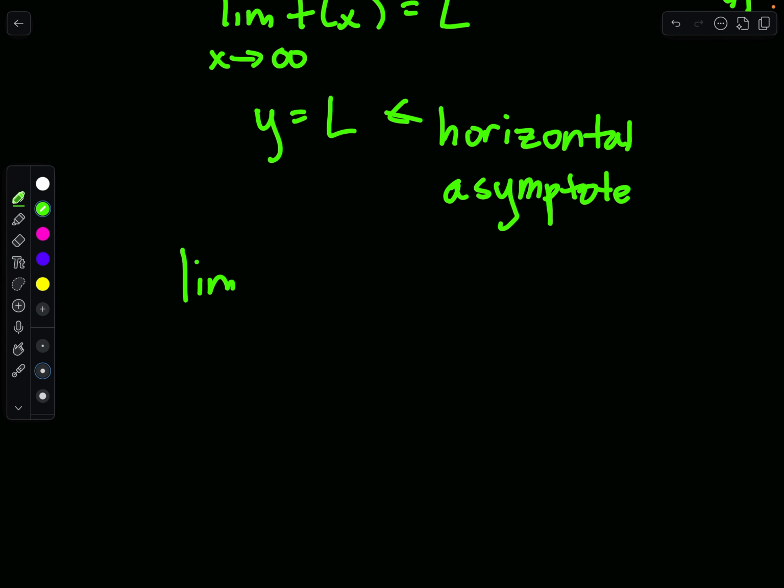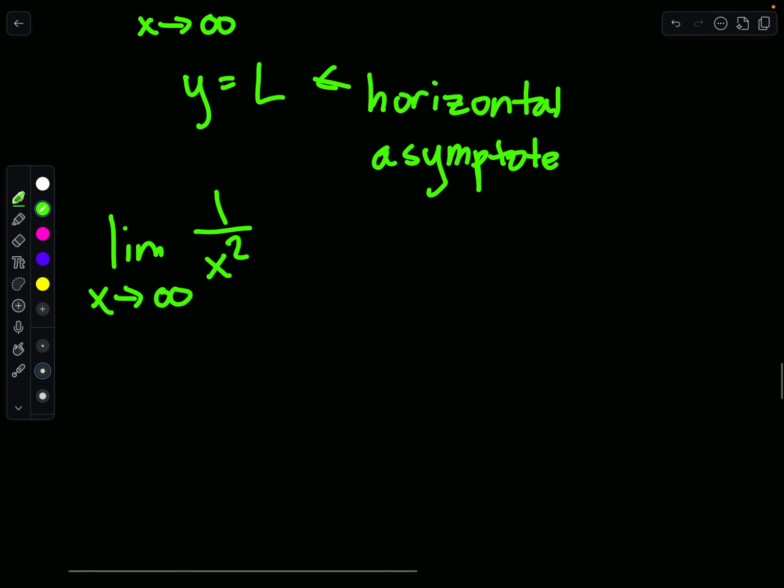First, limit as x goes to infinity of 1 over x squared. We can see that as x gets bigger and bigger, the value of x squared gets increasingly large. So then the value of 1 over x squared will get increasingly closer to 0. So we can say that this limit is equal to 0.